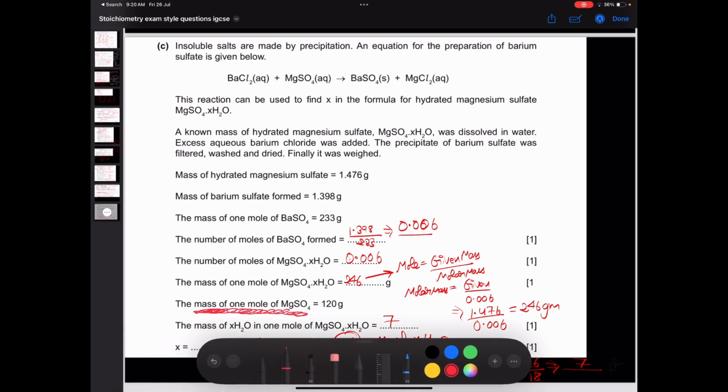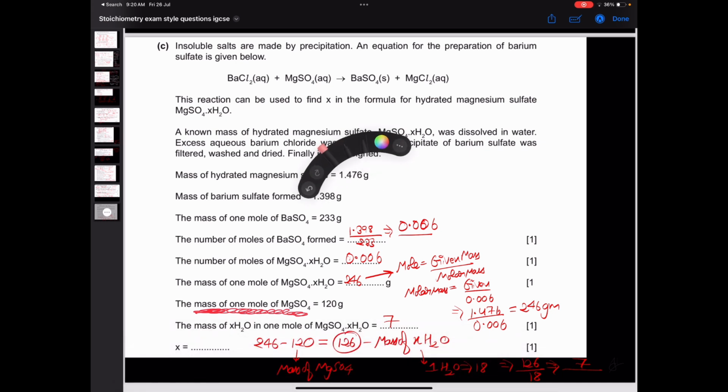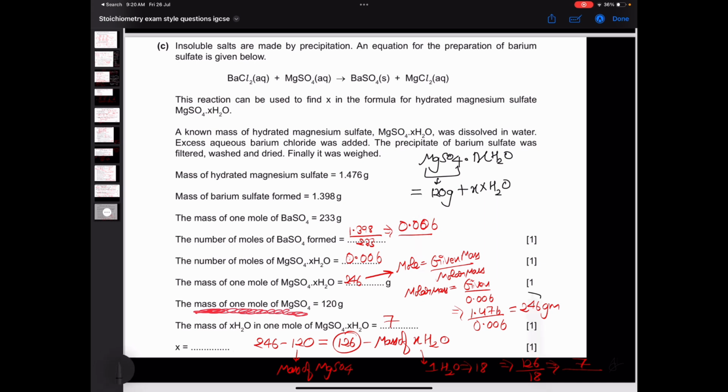I'll use, let's say, black marker. Magnesium sulfate dot XH2O, you already know that this weighs 120 grams plus X times H2O, right? And the molecular mass of this total that we found out is 246.